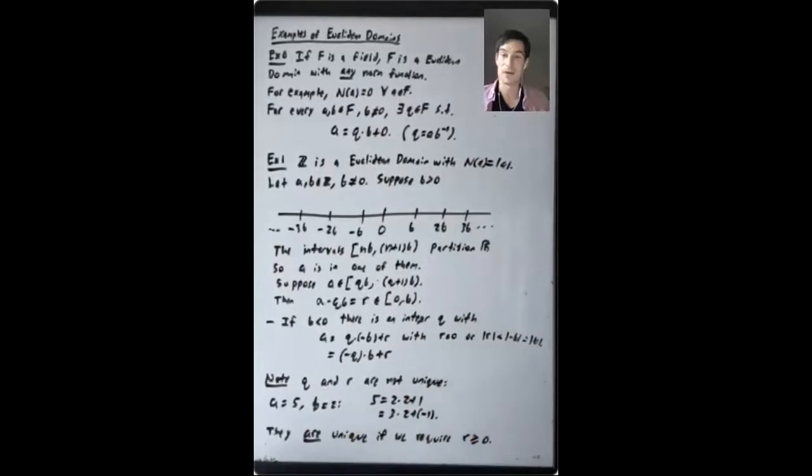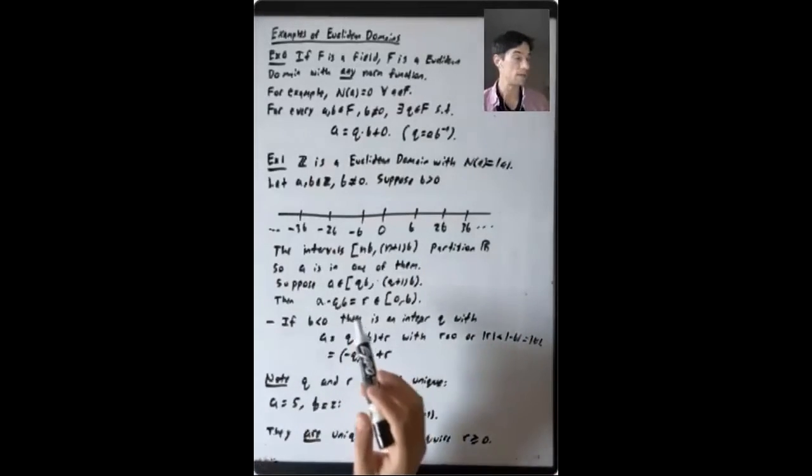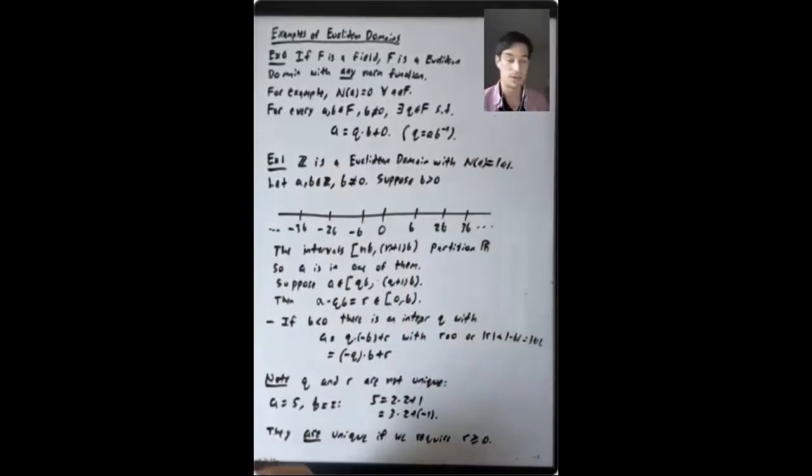And something I just want to point out, which is something that I said at the beginning of this video on the first board, is that Q and R here are not unique. There are some questions about when the division algorithm is giving you some kind of uniqueness. Here you are not getting uniqueness.